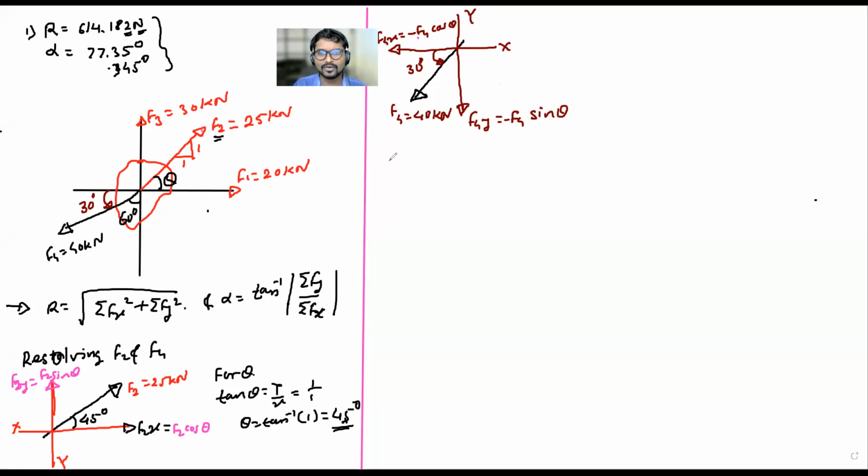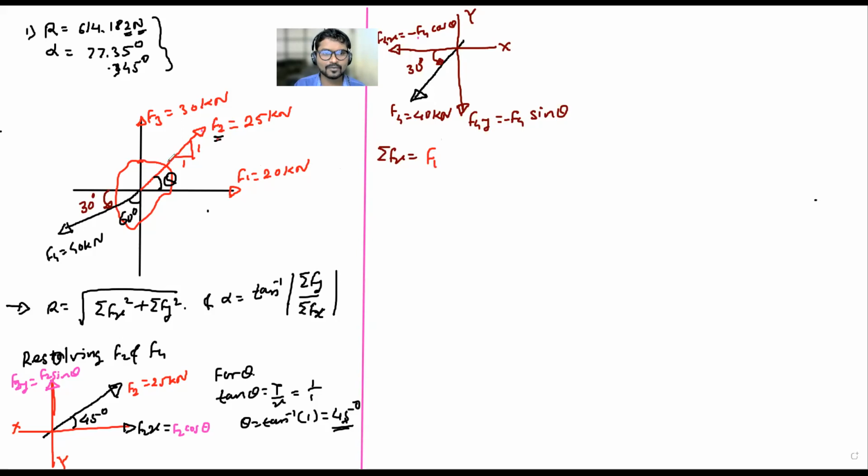Okay, now we'll go for summation of the forces along the x-axis firstly. Now tell me one by one, summation fx. F1 प्लस की मायनस? प्लस. F1 राईट साईडला चाललाय, प्लस येणार. नेक्स्ट प्लस F2 कॉस थीटा.